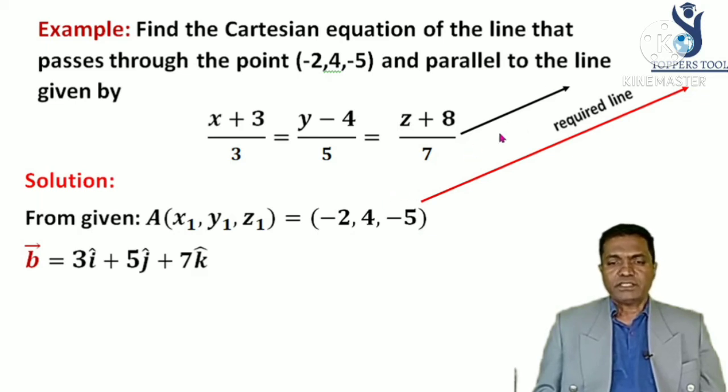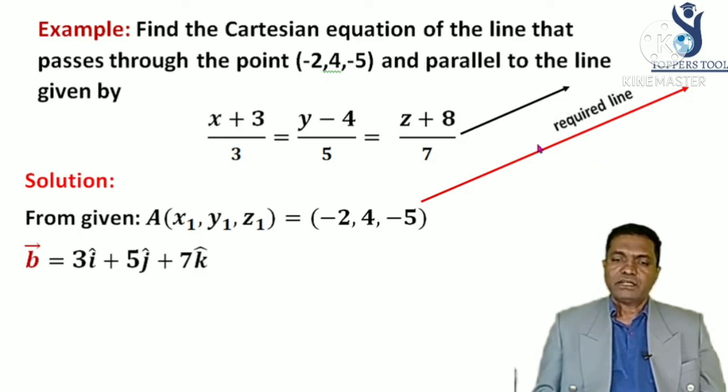If you write this line in vector form, what is vector b? You get the direction ratios 3, 5, 7, so this vector can be written as 3i cap, 5j cap, 7k cap. So this is the vector b.